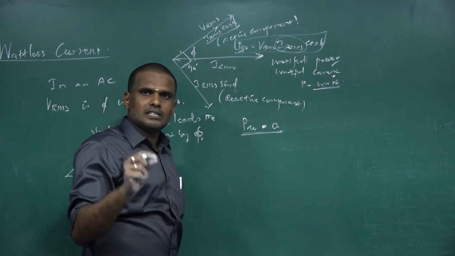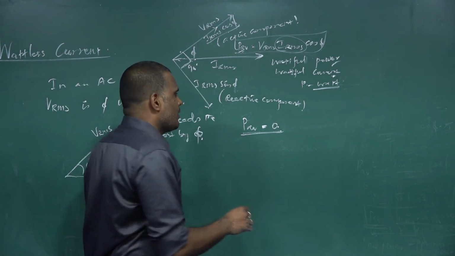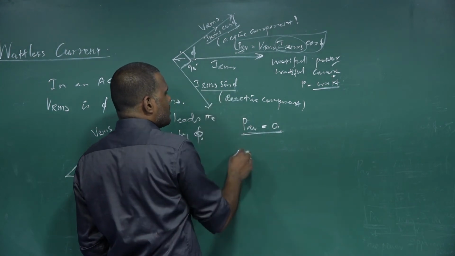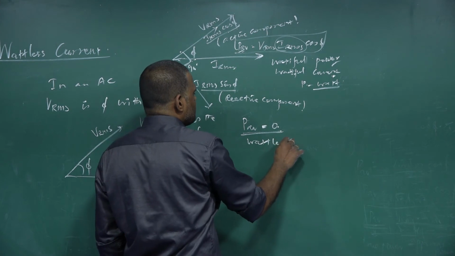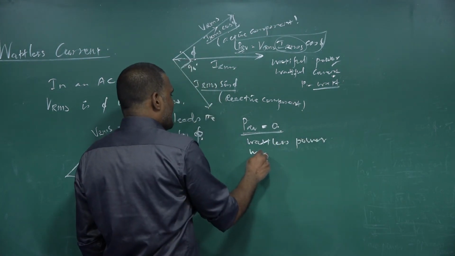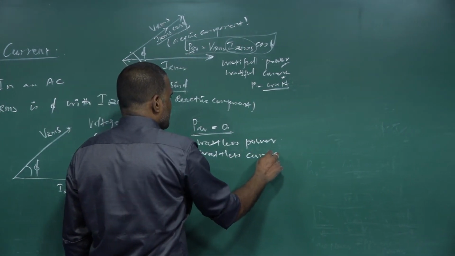So this current does no useful work in the circuit. As it is doing no work, we call this the reactive component. This component is called the reactive component and the power is called wattless power, and the current responsible for this is termed wattless current.